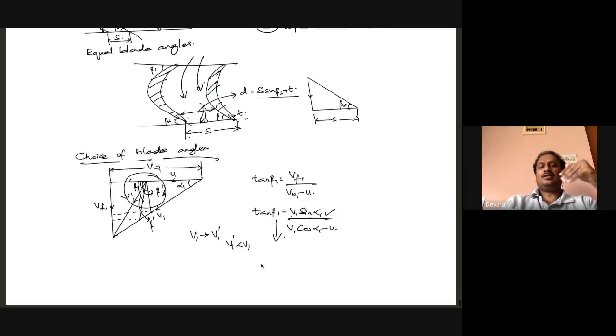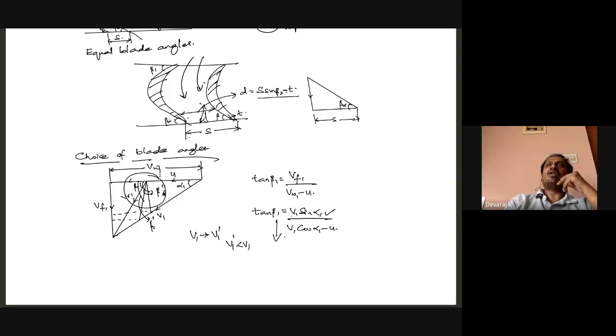Fine. Then you have this choice of blade angles, whether it's beta 1 or beta 2. When you are looking into the blade angles, we have to look at what is called the loading conditions. Whether your particular turbine has been fully loaded or it is partly loaded. Now let's look at the condition where I have shown an inlet velocity triangle with alpha 1 as the flow angle and V1 is the absolute velocity, and VR1 is the corresponding relative velocity, and VF1 and VW1 are the flow and tangential velocity.